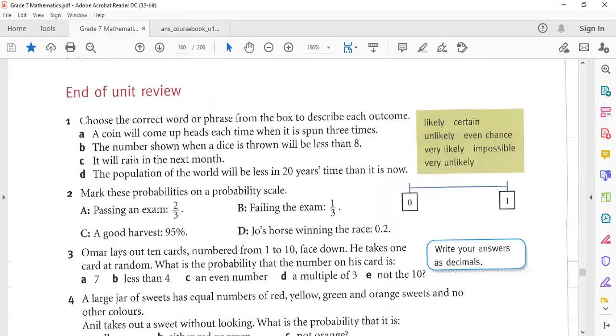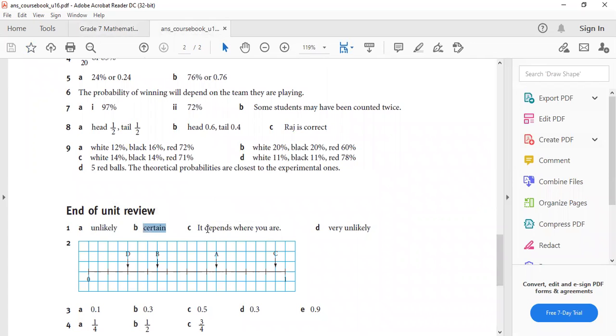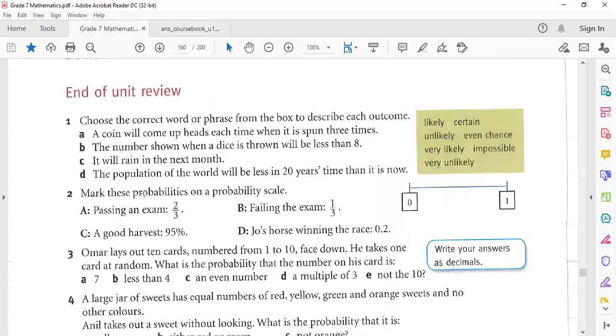C: It will rain in the next month. It depends on the situation or the predictions. It depends where you are. D: The population of the world will be less in 20 years' time than it is now.